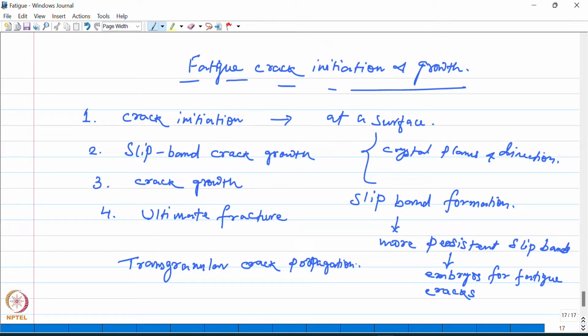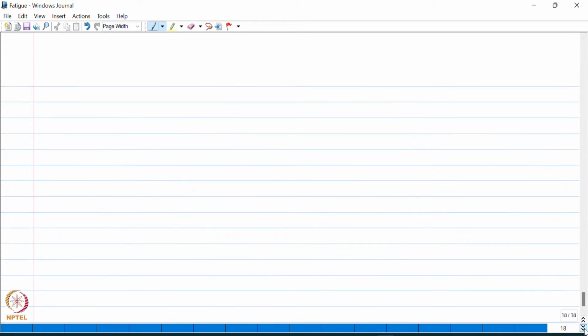So we have covered these two steps, crack initiation and slip band crack growth. Now, if you look at the mechanism as to how the crack forms, or the mechanism of fatigue damage as such, it basically involves what is known as slip band extrusions and intrusions.